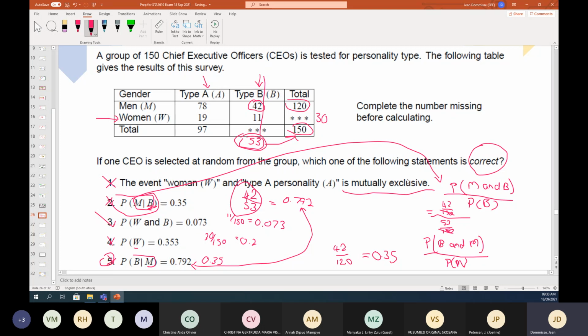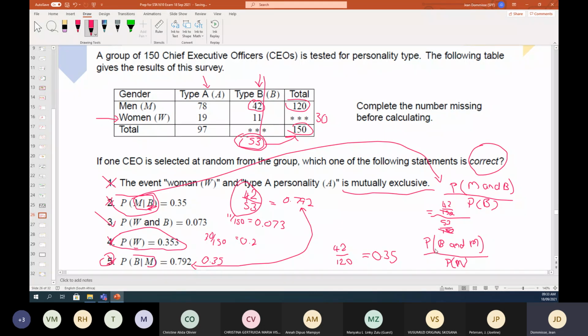But when you only want to get the probability of M and B, then you need to say 42 divided by 150. It's like what we did here. When we just wanted the probability of a woman, we needed to say 50 divided by 150. So the same principle that I used here, I used there.